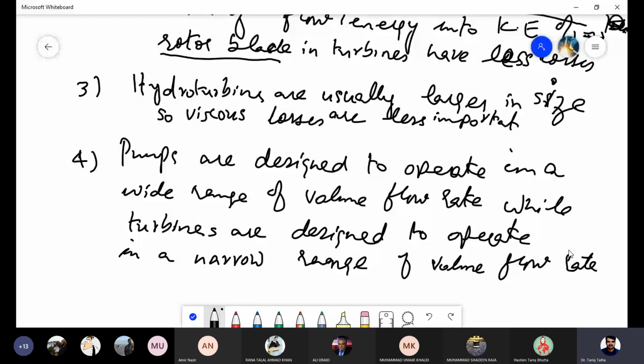So these are the four reasons why turbines have a little bit higher isentropic efficiency, let's call it, as you discussed in the thermodynamics course. So it has a little bit higher efficiency as compared to pumps. We usually use turbines for power production, but they are also used for volumetric flow rate measurement.